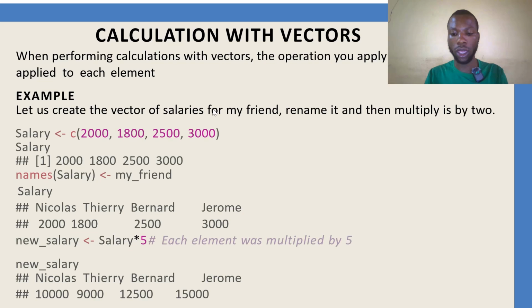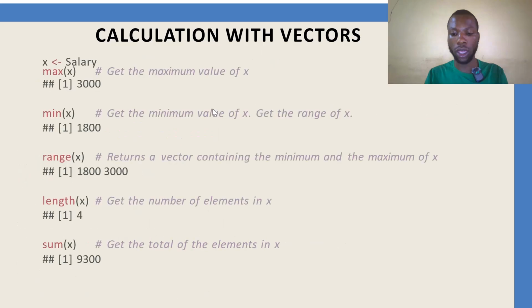Of course, you cannot add a vector which is numeric and a vector which is categorical. So we need to be aware of that. Not only that, you can also multiply and subtract, and this is what we are going to see.